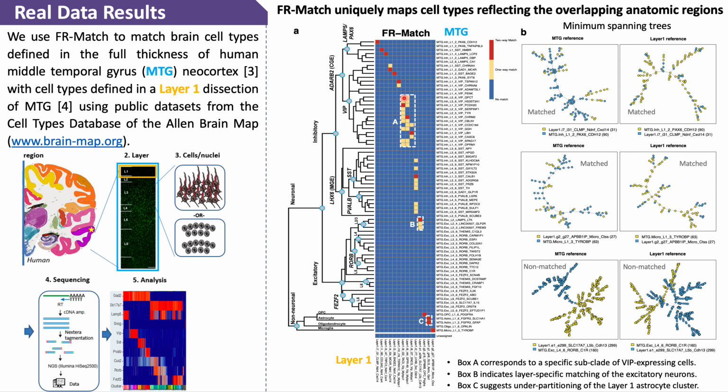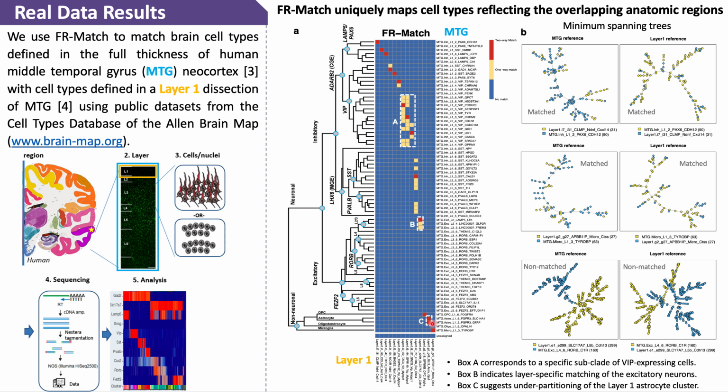The highlight box A corresponds to a specific subclade of similar cell types that all express the VIP neuronal marker, and box B indicates a layer-specific matching of the excitatory cluster from layer 1 to upper layer excitatory cell types from the MTG.